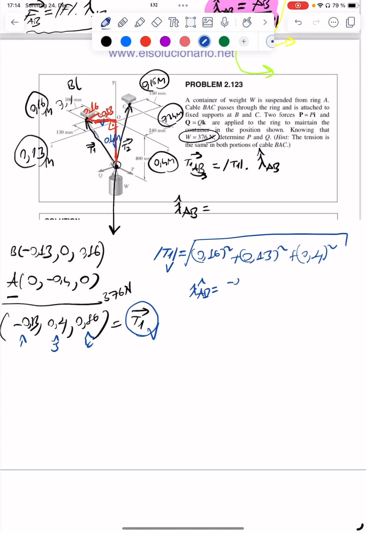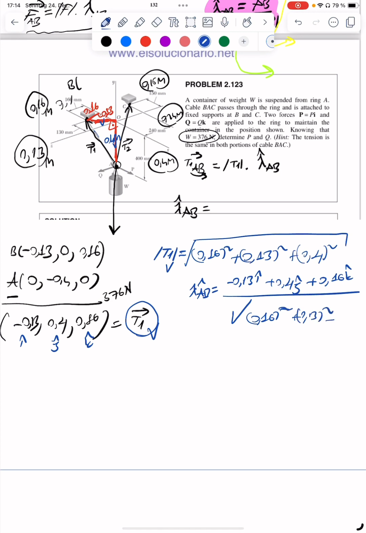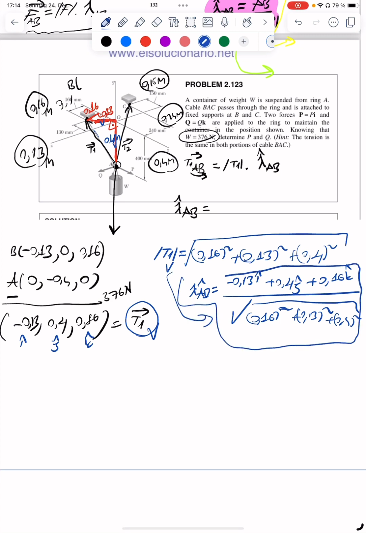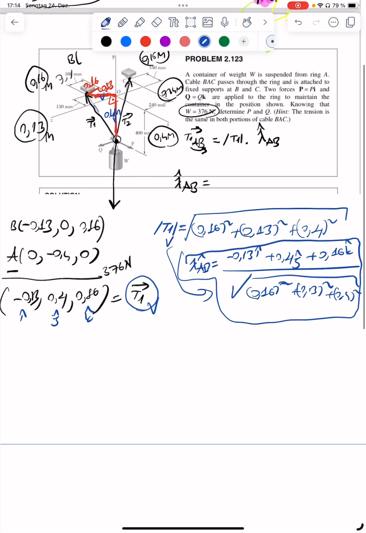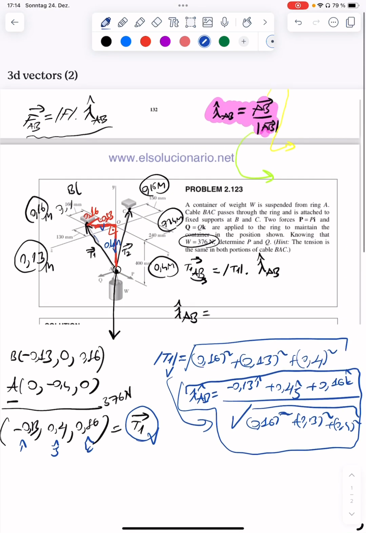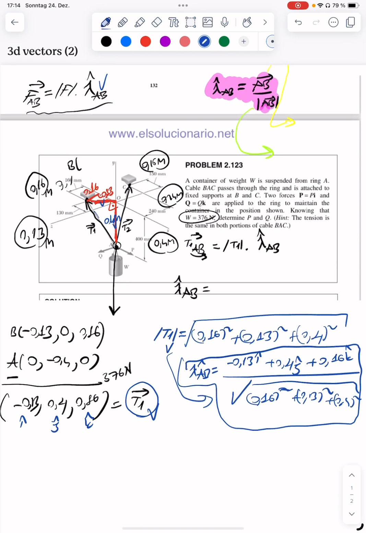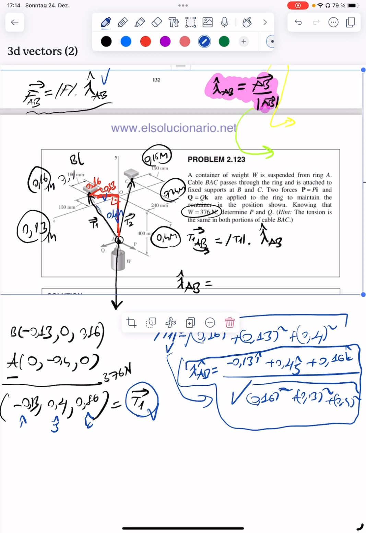I write the same things, and we found lambda AB. And here it's finished.